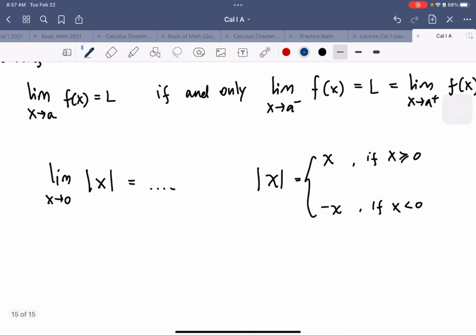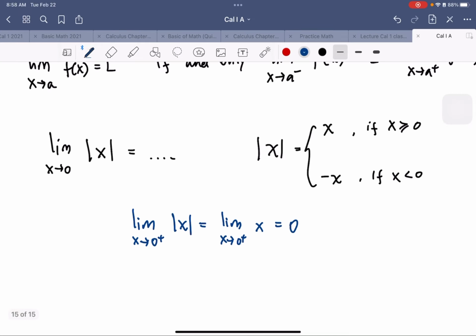So we can have two approaches. First, from the right side, this is for x positive.